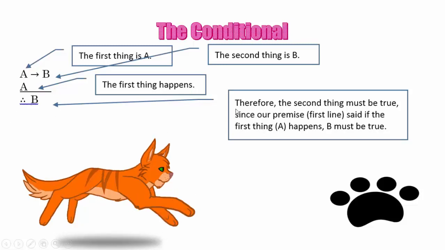And then in the conclusion, therefore the second thing must be true, since our premise, the first line, said if the first thing A happens, then B must be true. So these are important things to know when dealing with the conditional statement. It's important to know how you can tell the pattern of a valid argument and distinguish it from an invalid argument's pattern.